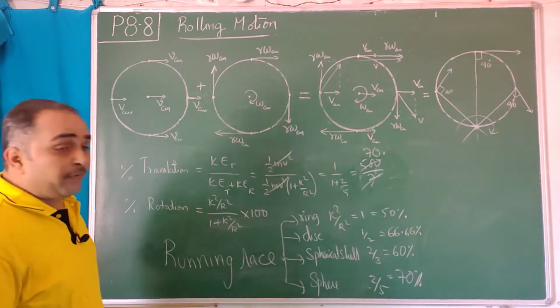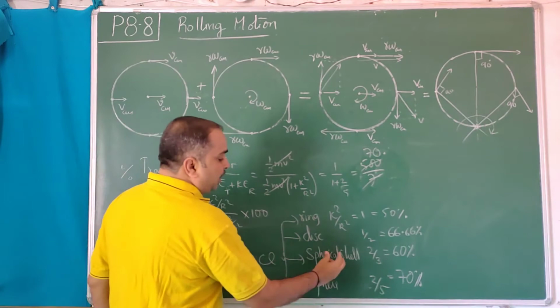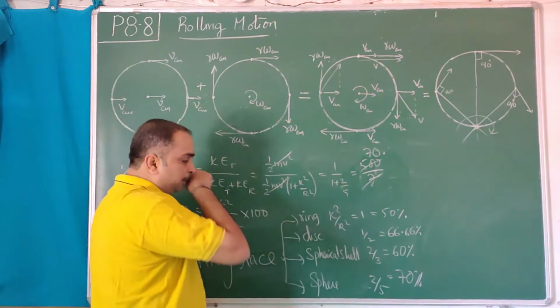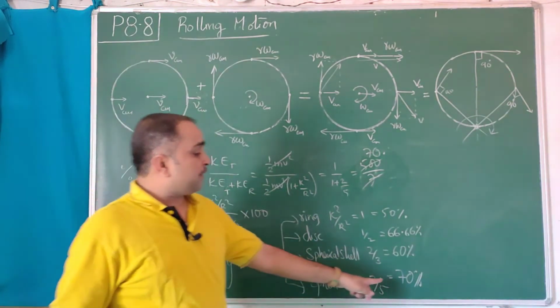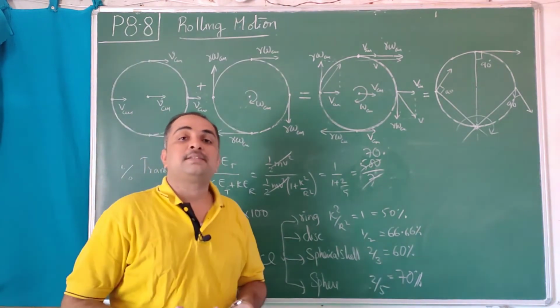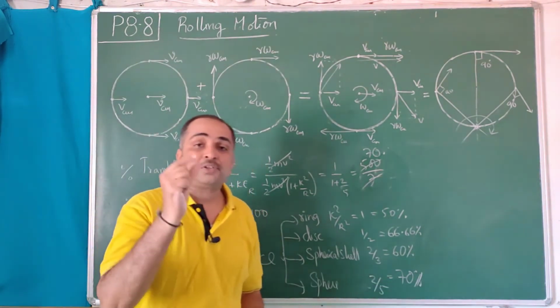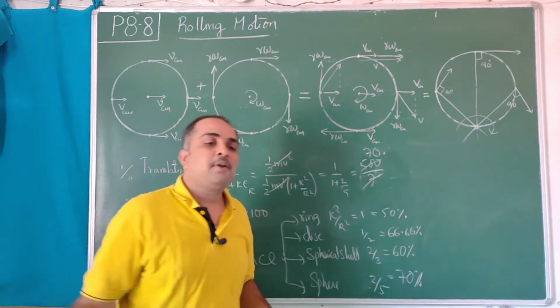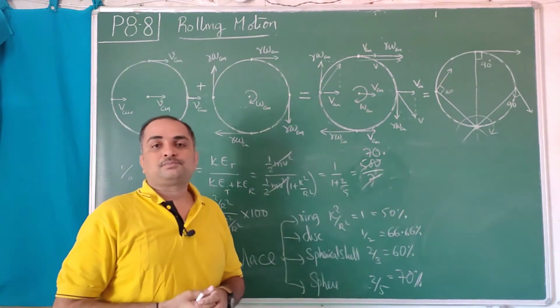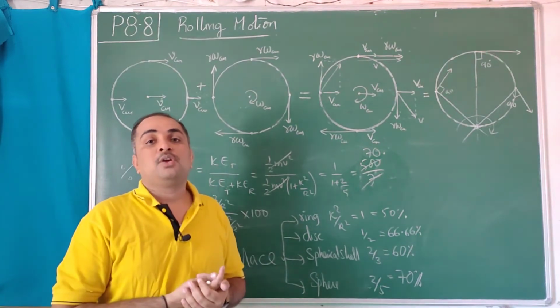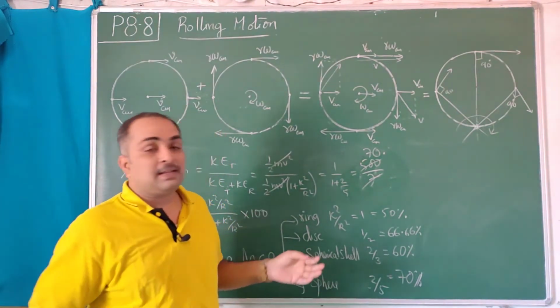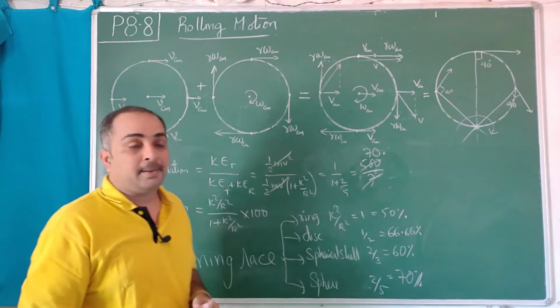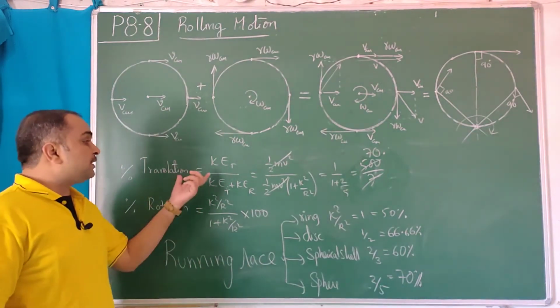So if you keep a running race between solid sphere, solid cylinder, hollow cylinder, you will see that 70% of whatever total energy is there will be translation for solid spheres. Solid spheres, or cherries as we call them, roll faster. Marbles and ball bearings are used for that. They roll faster than anybody else, so they travel more distance in less time, because in a running race the translational part should be more.